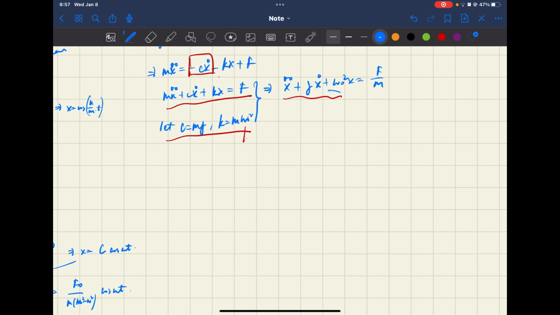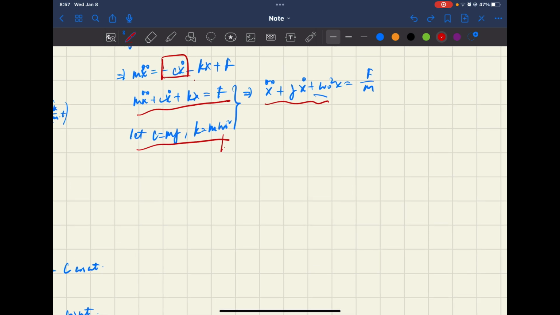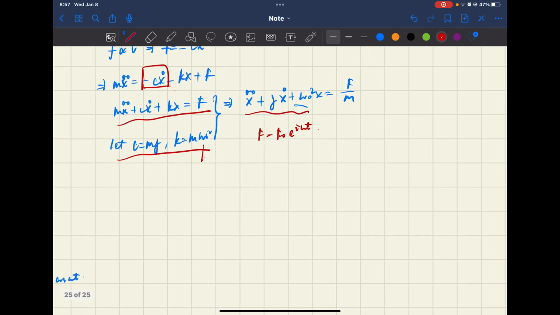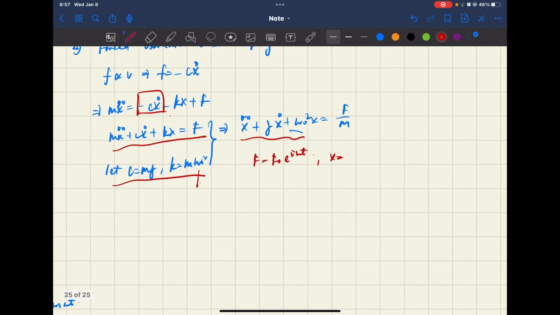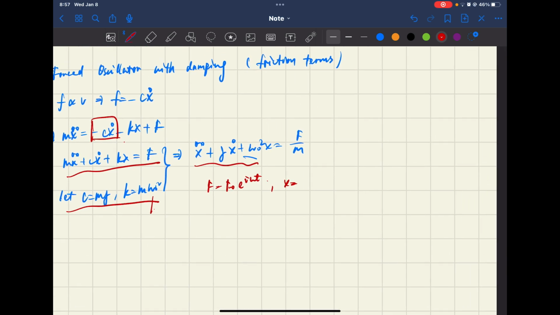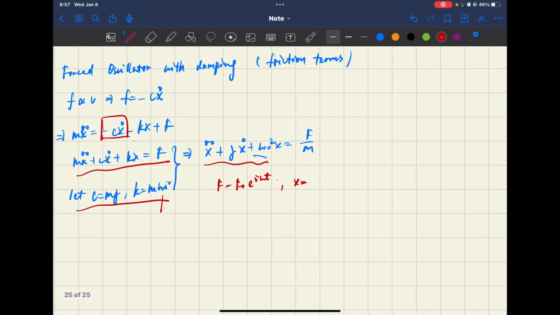Okay, so still we have f equal to f0 times e to the power of i omega t. For forced oscillators, the frequency of the displacement is always equal to the frequency of the force. It doesn't depend on whether it has damping or not.